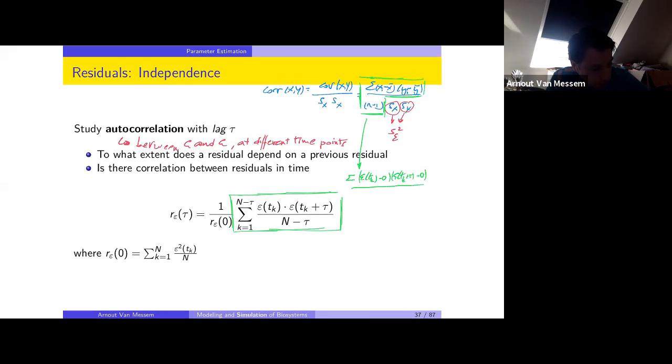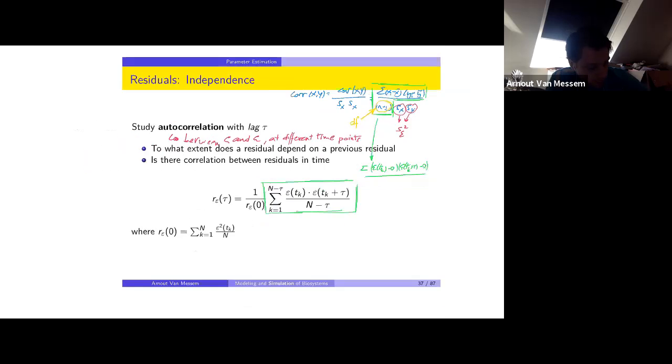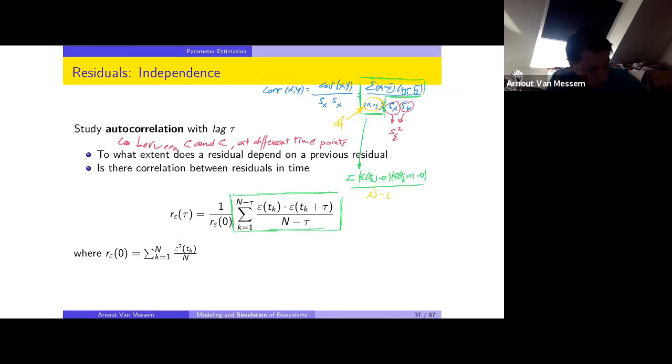So this n minus 1 corresponded to the degrees of freedom. The degrees of freedom in the autocorrelation will not be n minus 1, but n minus tau, because the lag between the points that you are looking at is tau. So you have tk and tk plus tau, and you do this for n minus tau different terms of the sum.